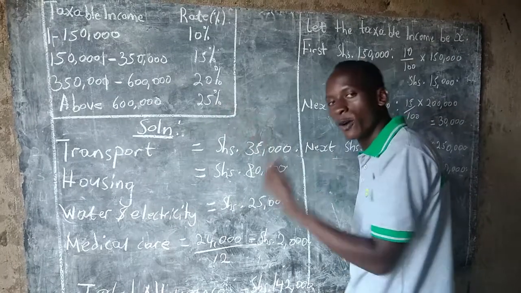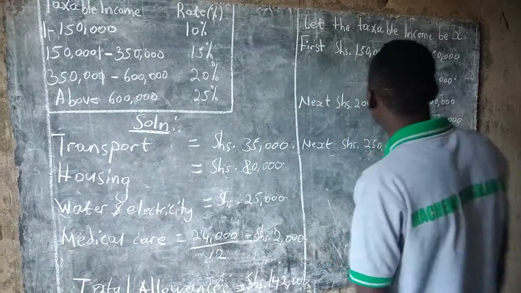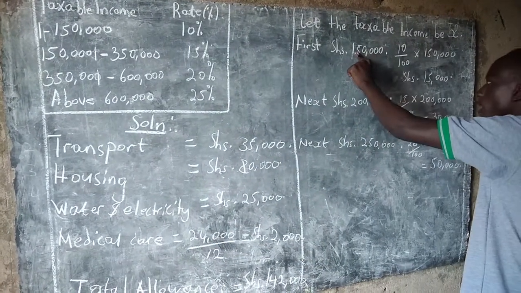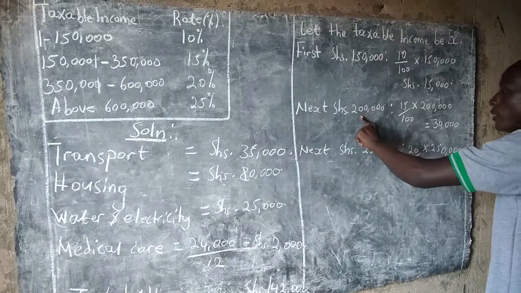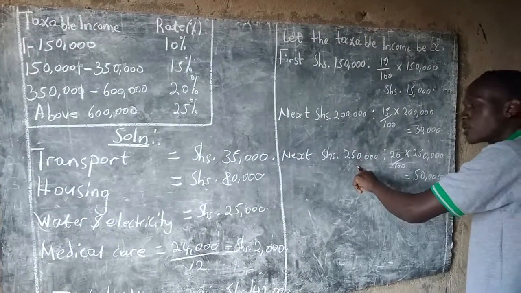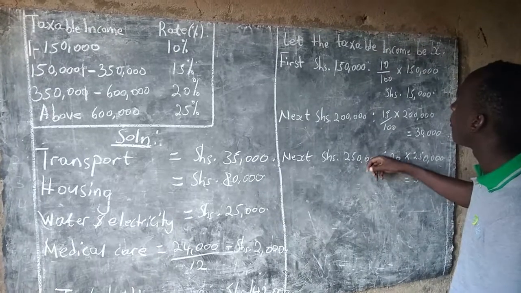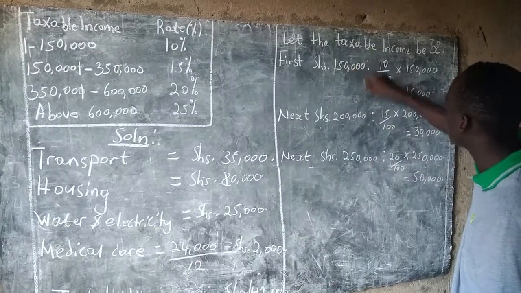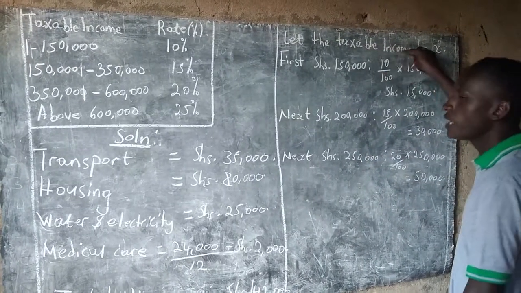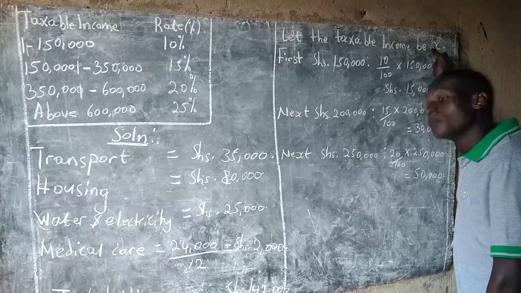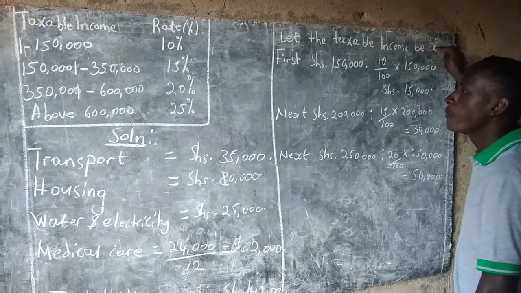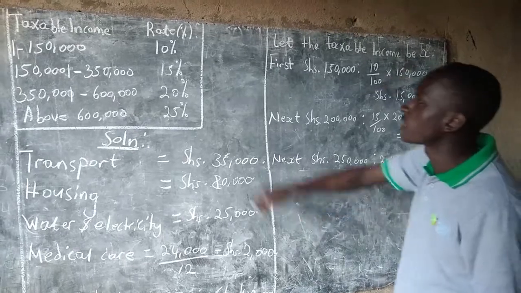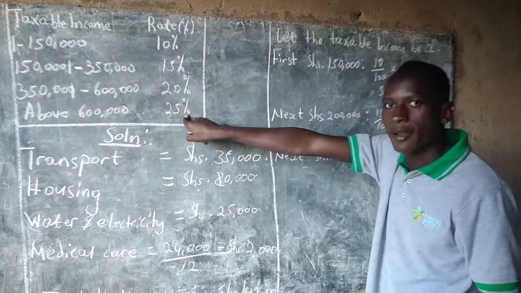I want you to quote me well there. All of this 150,000, the 200,000, and the 250,000, they have been deducted from the taxable income, which is X. It means that any amount remaining on X is the one that is going to be subjected to this rate of 25%.